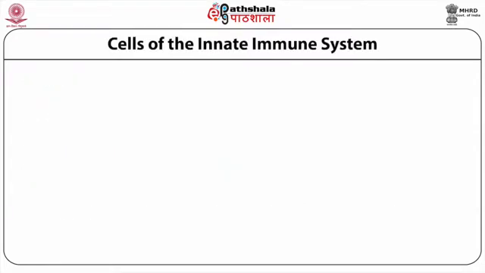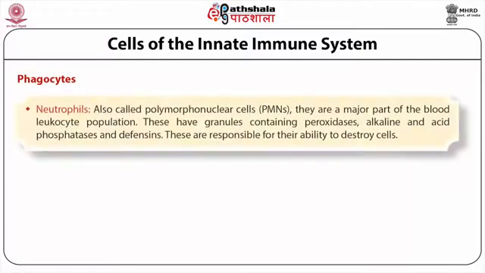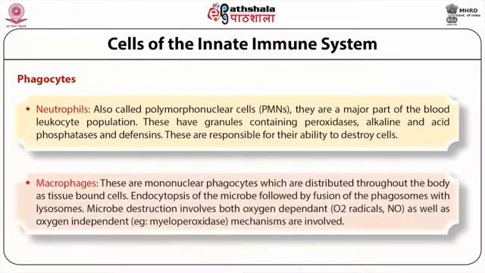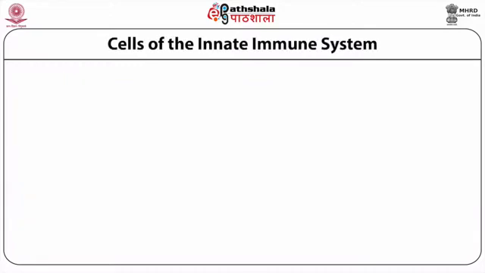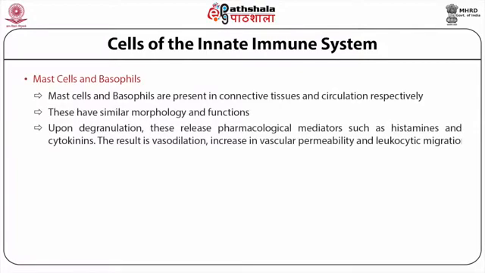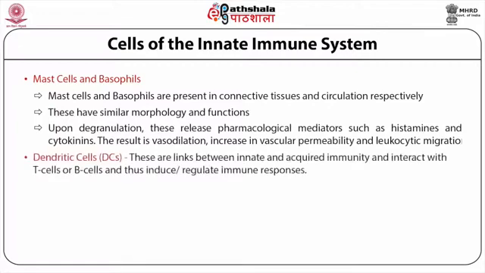Apart from the NK cells which we talked about, phagocytes, which consist of the neutrophils and the macrophages, constitute other cells of the innate immune system. The other cells which are part of the innate immune system are mast cells, basophils, and dendritic cells. There are some other cells which also have a role in innate immunity.